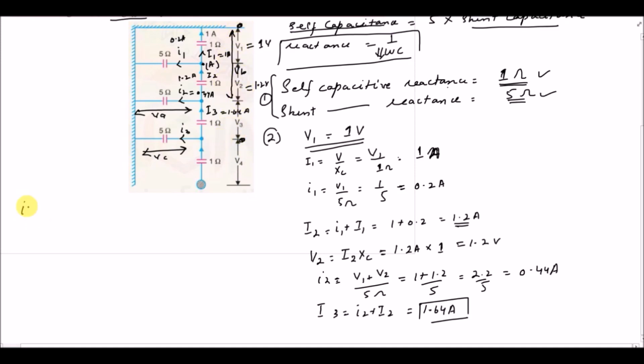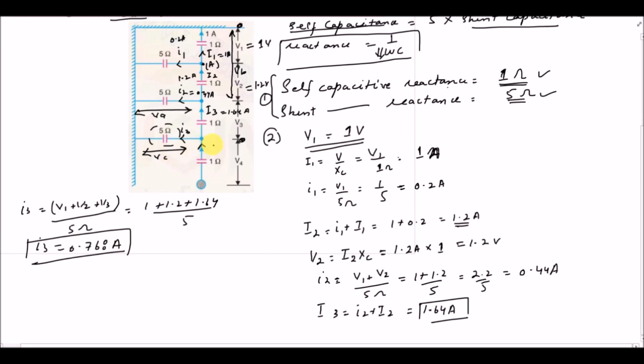So for small i3, it is V1 plus V2 plus V3 divided by the capacitive reactance, which is again 5 ohm. It is equal to 1 plus 1.2 plus 1.64 over 5, and small i3 is equal to 0.768 ampere.